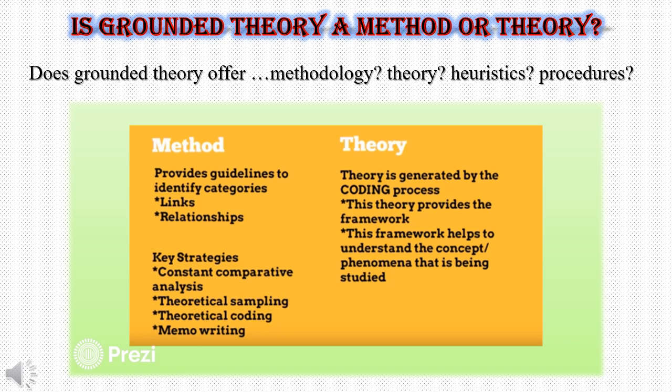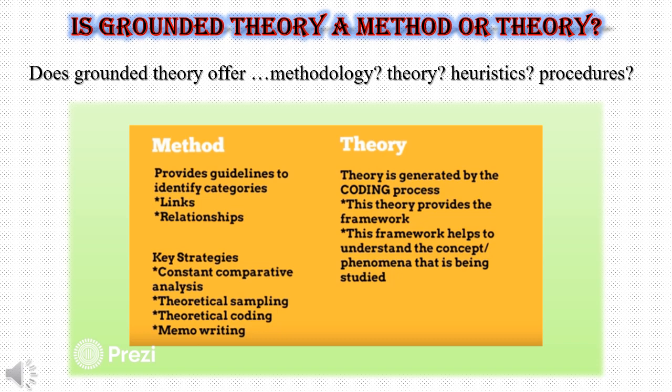When you look at it from this perspective, we call it a method because it gives you a full-fledged procedure of conducting research. But if you look at it from another point of view, theory is generated by the coding process. This theory provides the framework. This framework helps to understand the conceptual phenomena being studied.